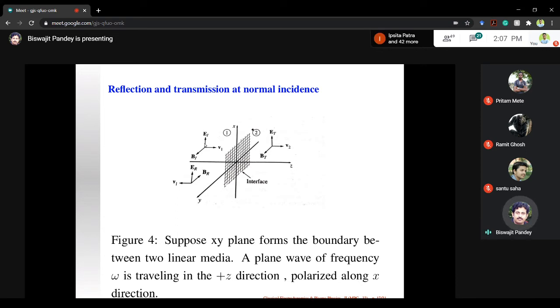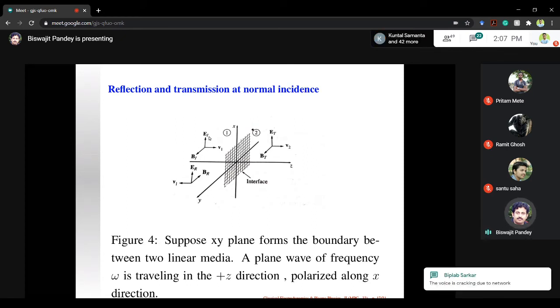So this is perpendicular to this. Suppose the polarization of the electric field, you can take any other direction of E as well. Here I am assuming that the incoming electromagnetic wave has polarization along the x axis. So E_I, I for incident, is along x cap.